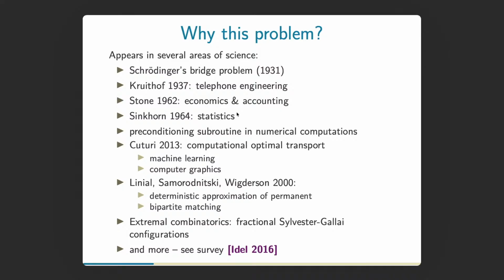And Linial, Samorodnitsky, Wigderson used this algorithm to give a deterministic approximation of permanents of non-negative matrices, and also a really cool algorithm for bipartite matching. This is also used in extremal combinatorics for fractional Sylvester-Gallai configurations, and many more applications.